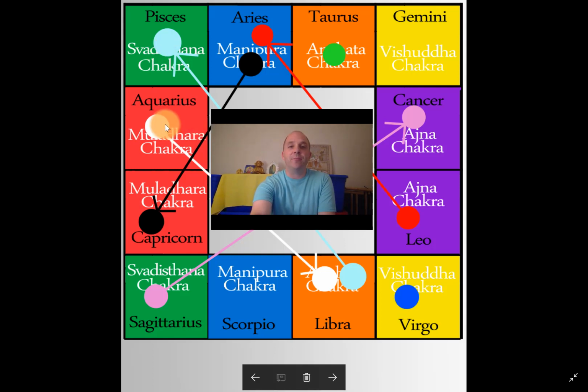Then we come to Saturn. Saturn rules the Muladhara chakra, and Saturn's moolatrikona is in the masculine half of the Muladhara chakra, which is about the actions that we are taking for our base survival.